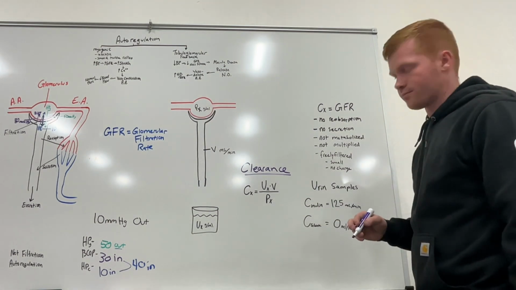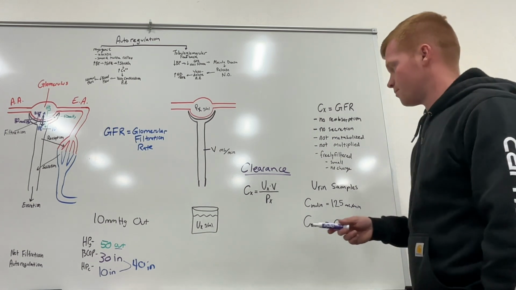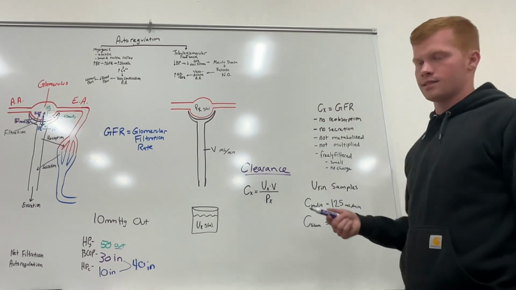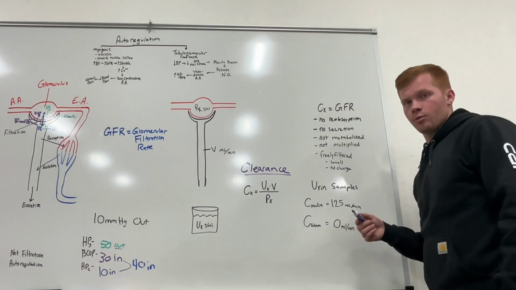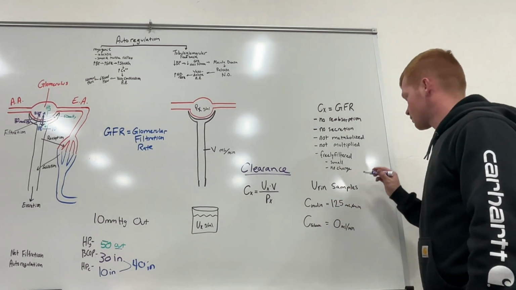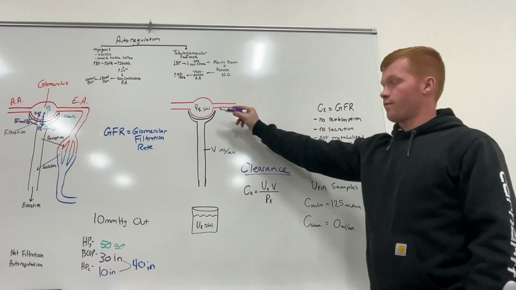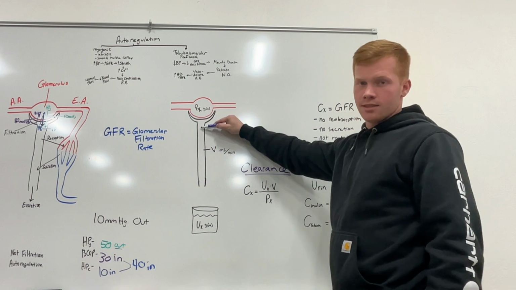Also creatinine. Creatinine is found naturally within the blood, and inulin is something you can give to perform this test. But I think now they usually just use creatinine because it's naturally found within the blood. So, small, no charge, freely filtered. That's what we needed. 100% of it came through the blood, now it's inside of the tubule.